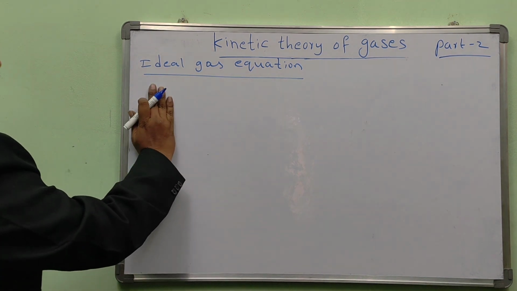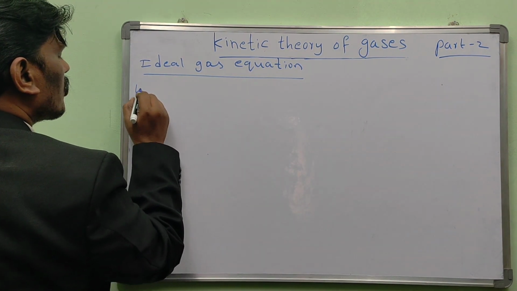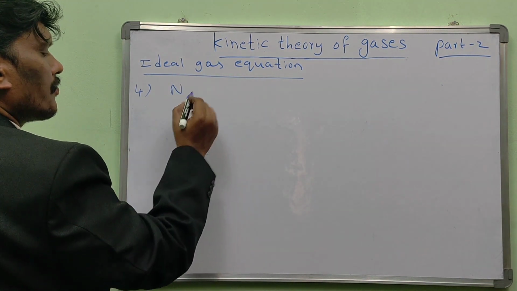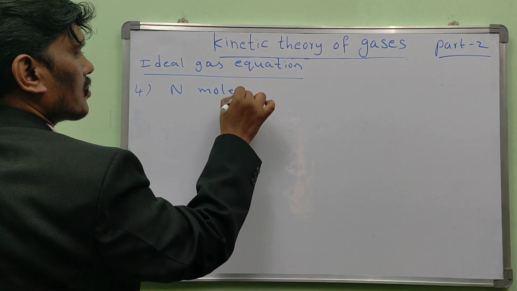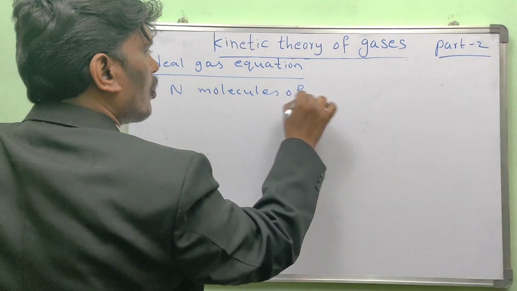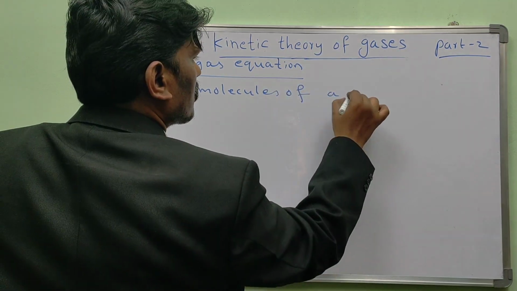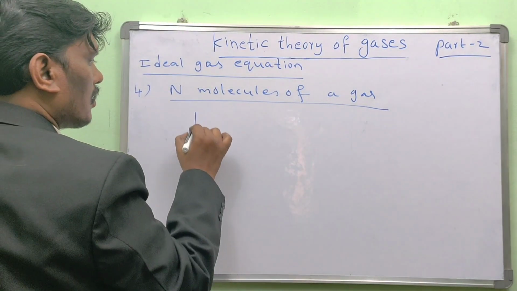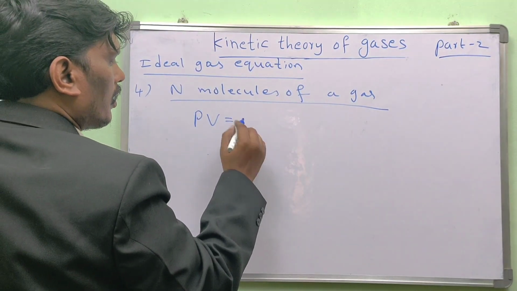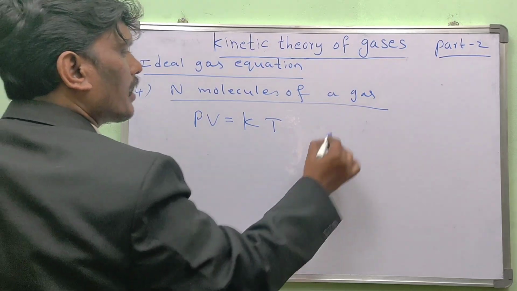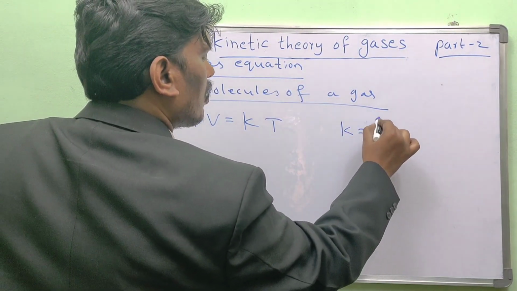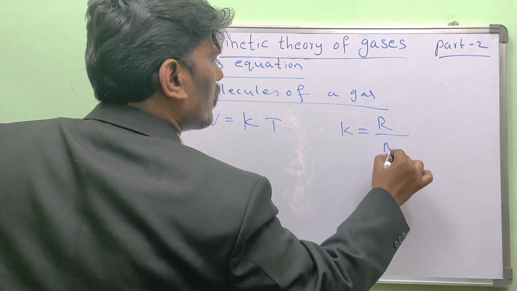Now, the fourth one, the ideal gas equation for n molecules of a gas. For one molecule of a gas, PV is equal to KT, where K is the Boltzmann constant, the ratio of the universal gas constant and Avogadro number.